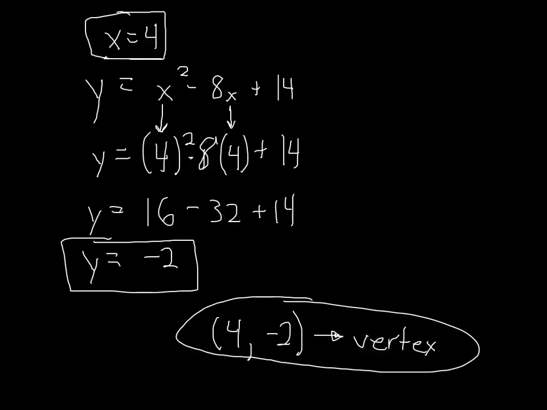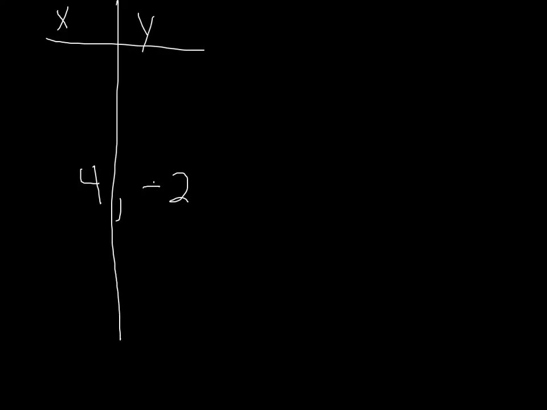And what you want to do is make a table that centers around this vertex. So how do we do that? Well, I'm really just making a table to find out what my y values are for any given value of x. I'm going to start with the point x equal to 4, and I know that y is going to be equal to -2. So this table is really a table of x values and y values.